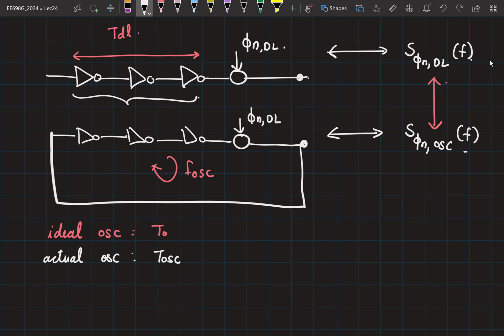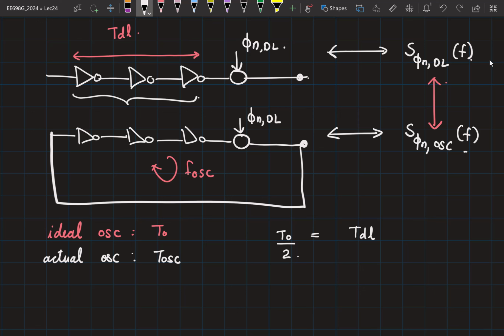Can you find a relationship between T naught, T oscillation and phi n? In the absence of phi n, what is the relationship between T naught and TDL? Are they equal? 2 times, right? Or in other words, TDL was equal to T naught by 2.